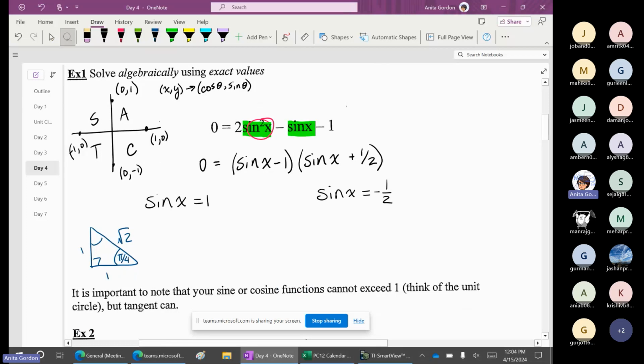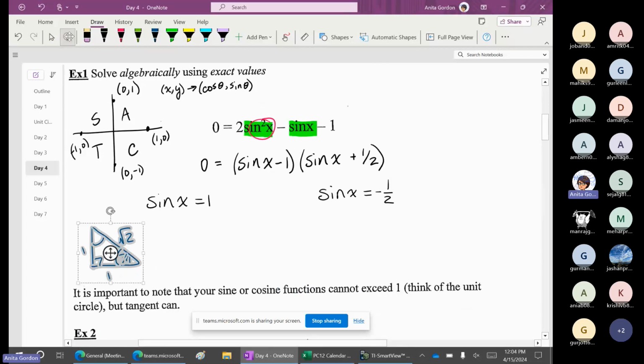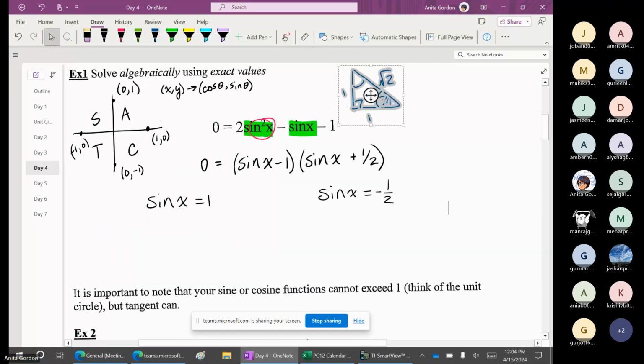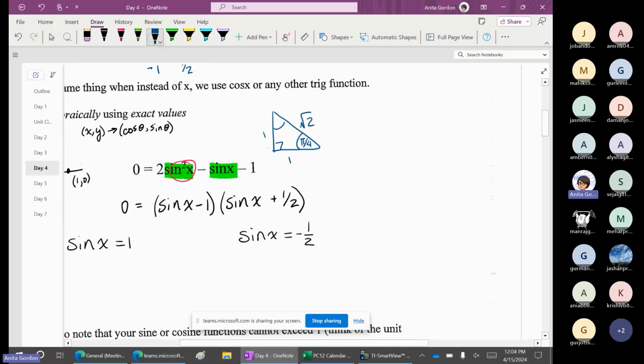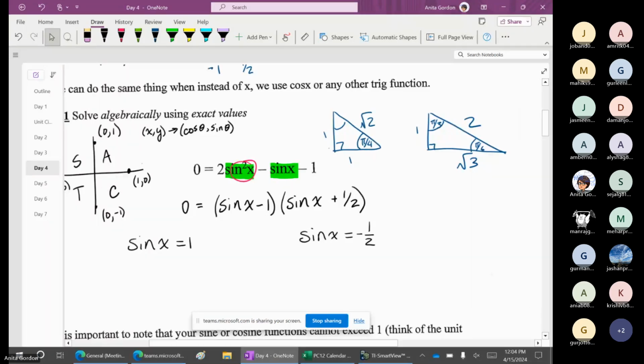I should move this over, I'm just going to move it up here. My other triangle is this one where I have 1, 2, root 3. My bigger angle is pi by 3. My smaller angle is pi by 6.